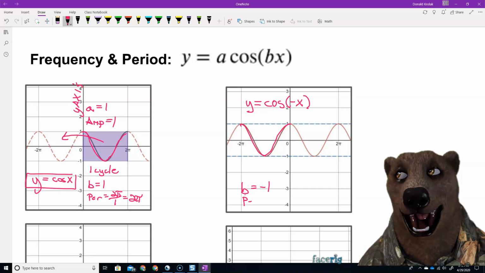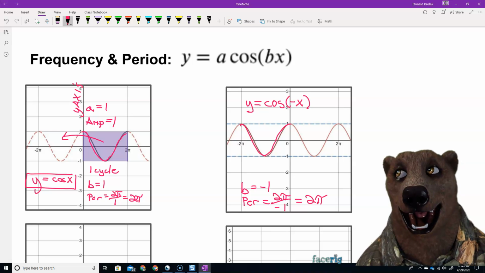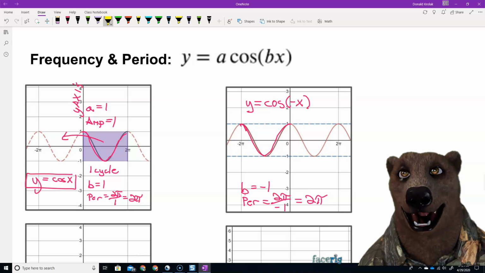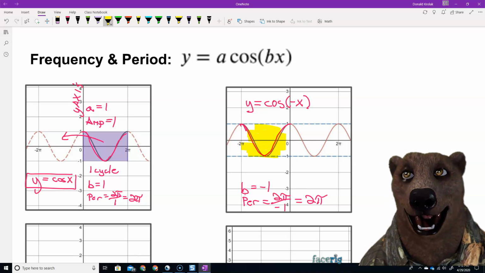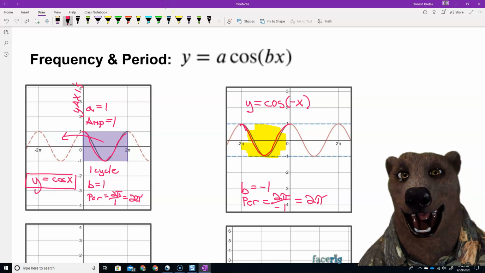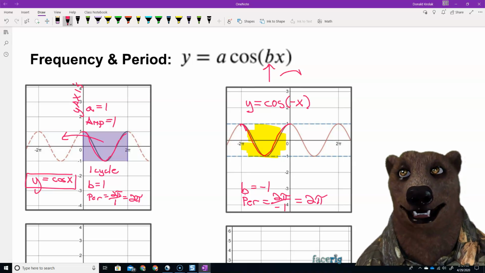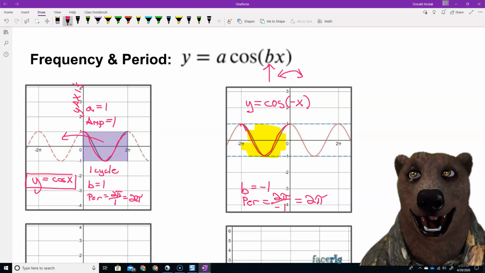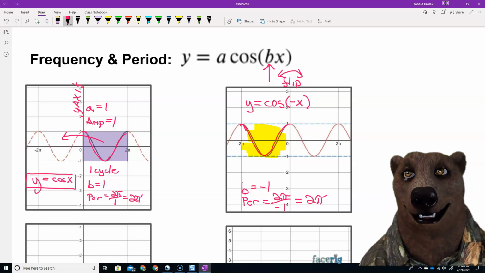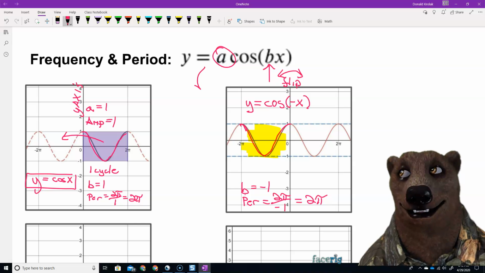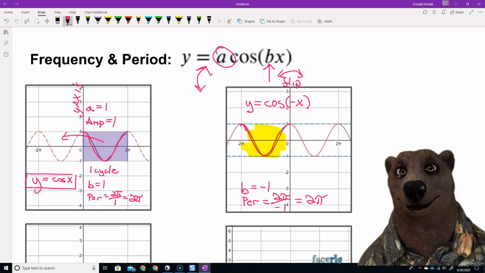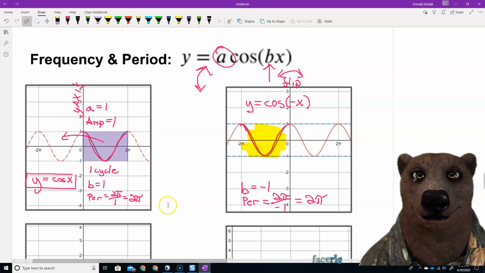The period is still a positive number, even though you're dividing by -1. Period is a length, so it's just saying that this graph repeats every 2 pi units. The whole point is that the b value flips the graph right and left if it's negative. The a value, if it's negative, flips the graph up and down.